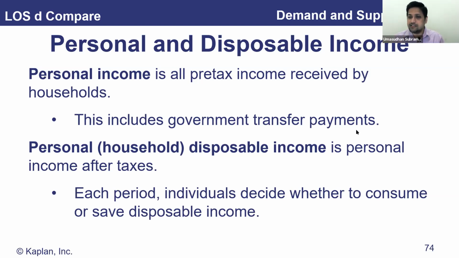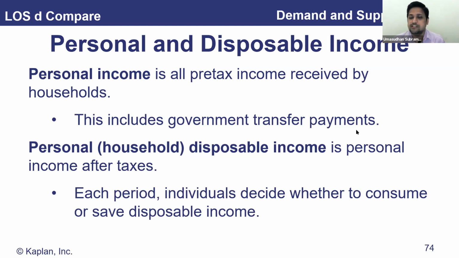What is the significance of this? Disposable income is the income that you can spend. So this is what normally we use to judge purchasing power or wealth in a particular society. Exactly, this is the money that is available to spend.